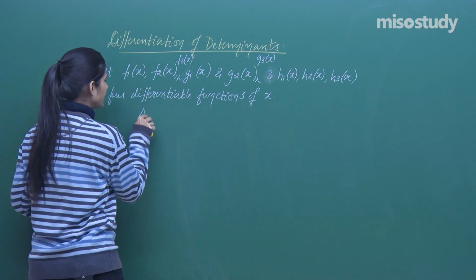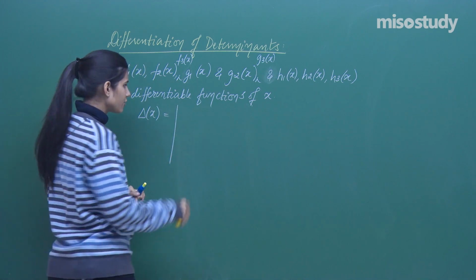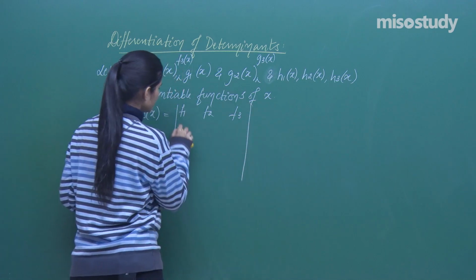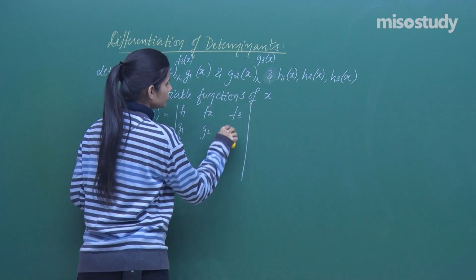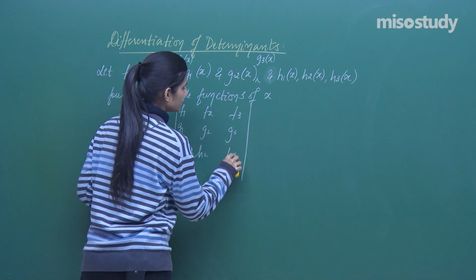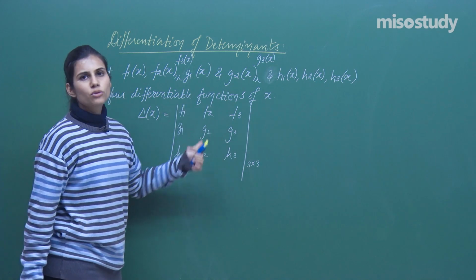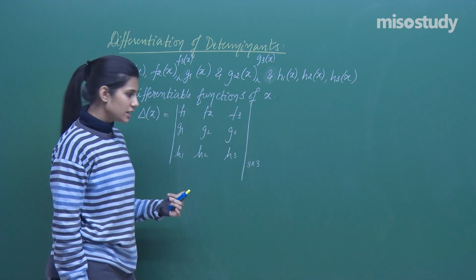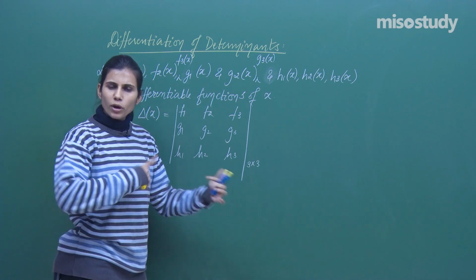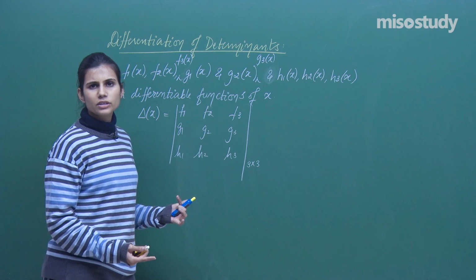Let these be 9 differentiable functions of x. I have my delta x as this determinant of order 3 cross 3. There is F1, F2, F3, G1, G2, G3, H1, H2, H3. When you evaluate this determinant, expanding along any row or any column, what you will be getting is a function only. It will be pointwise product of functions, sum of functions, subtraction of differentiable functions.